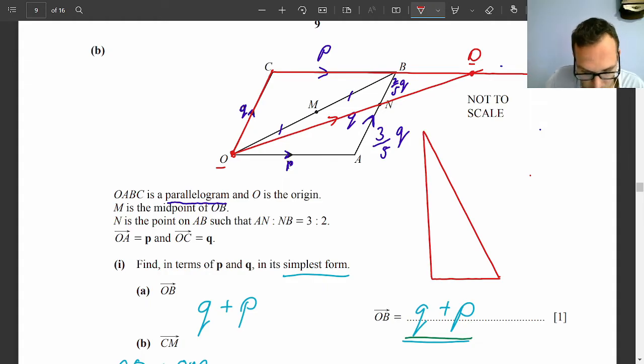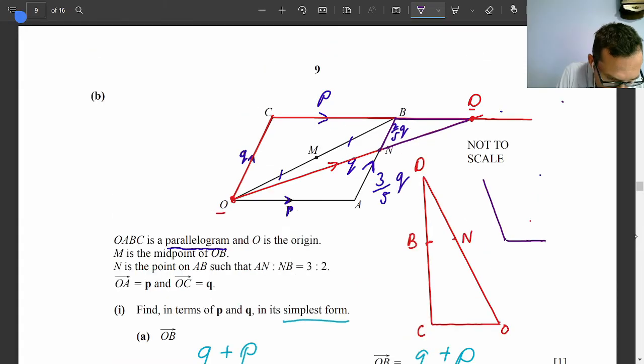So here I have drawn the triangle COD, and along the line lies point B and point N. I'm also going to draw the smaller triangle, let's do that in purple. The triangle BND. This is the triangle BND.